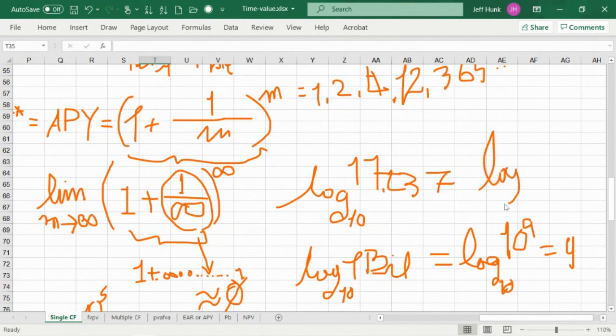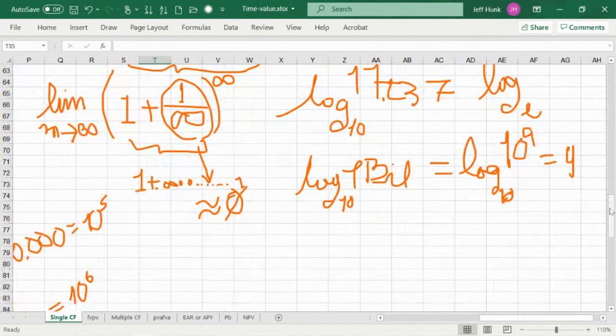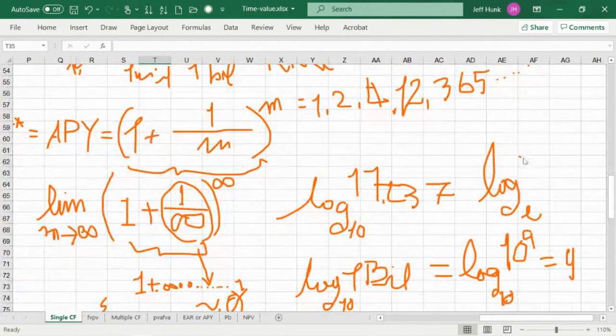But with base e, right? You can take log of any number. You can take log of any number.